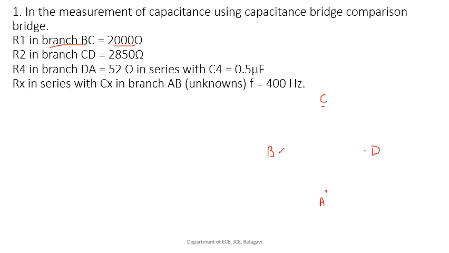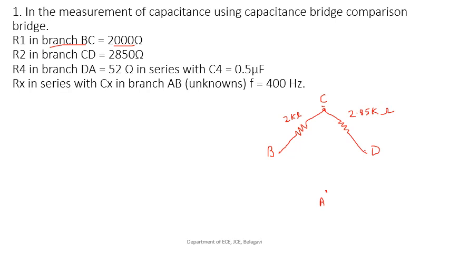So there is a resistance here between branch BC, which is of value 2 kilo ohms. Similarly there is a branch CD whose resistance is 2.85 kilo ohms.